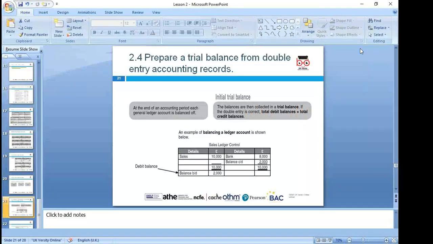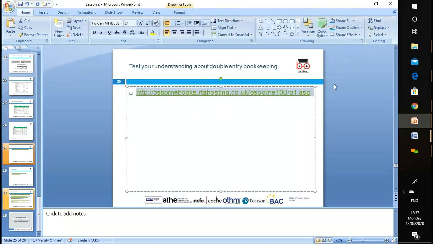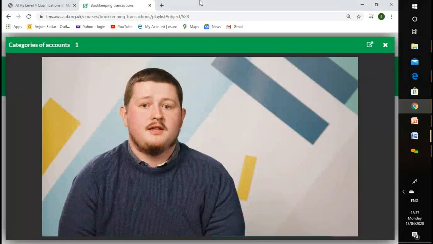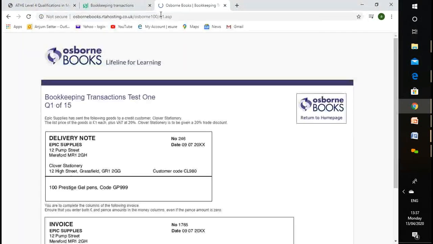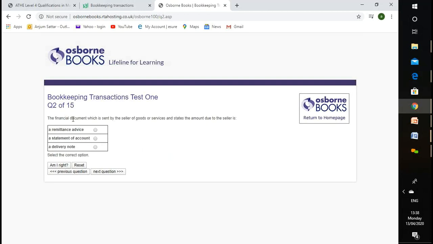Okay, then I copied a link for you guys. It's good to go through and practice. Just copy this and go through, and even if you do it wrong, at the end it shows you the answers as well. This has the invoices, like how many quantity, what the unit price, what the code, and it tells you if you're right or wrong.